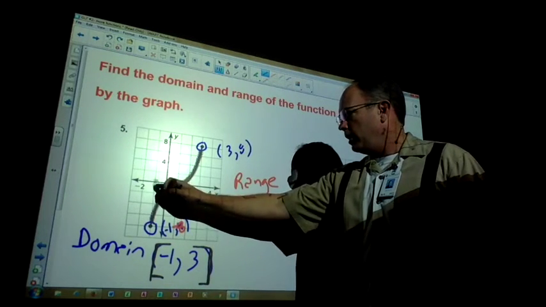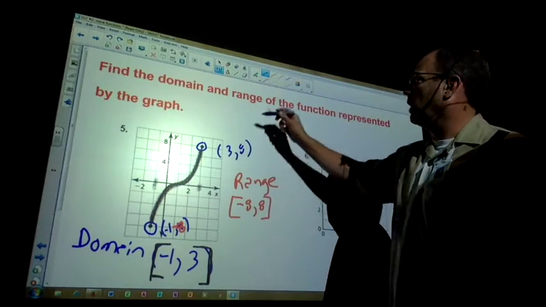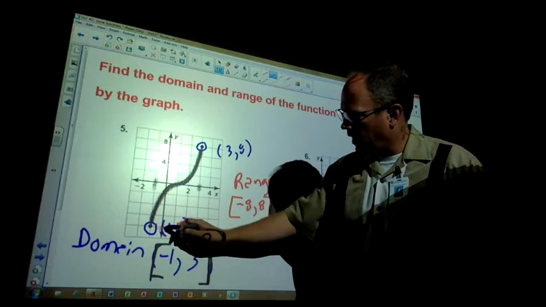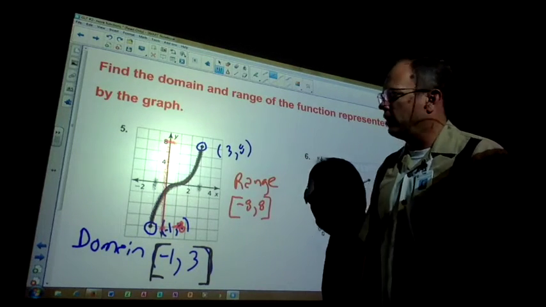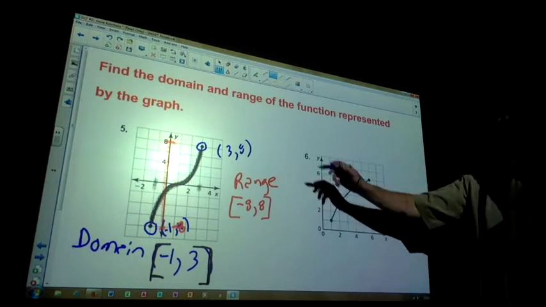So -1 to positive 3, this graph exists above and below the line. The range, if I'm down here and I'm continuing on up, I have a graph that exists to the right, to the left, and right on the xy axis in that direction.